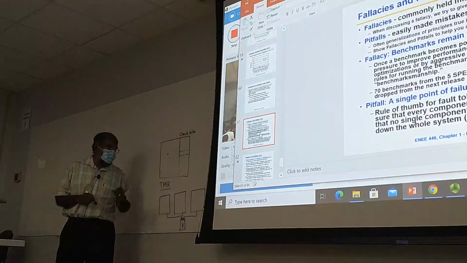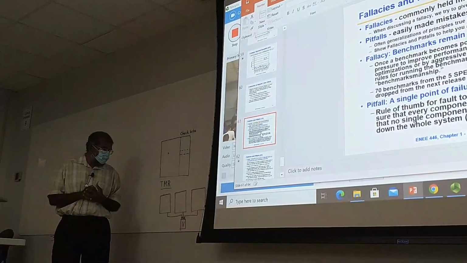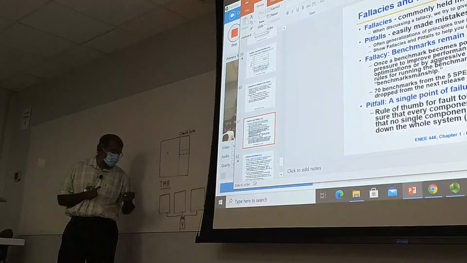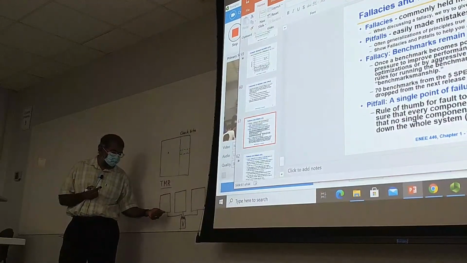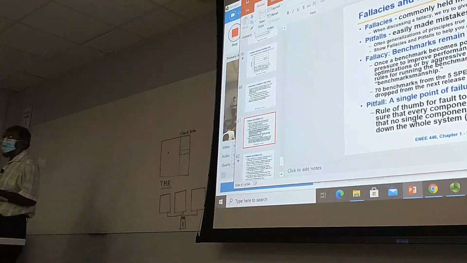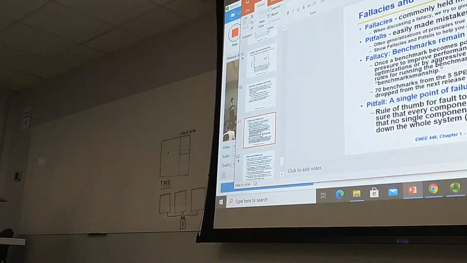So the main point we are trying to make is when you are building a system and you are looking for reliability, you have to be aware of any single point failures in the system and do whatever it needs.